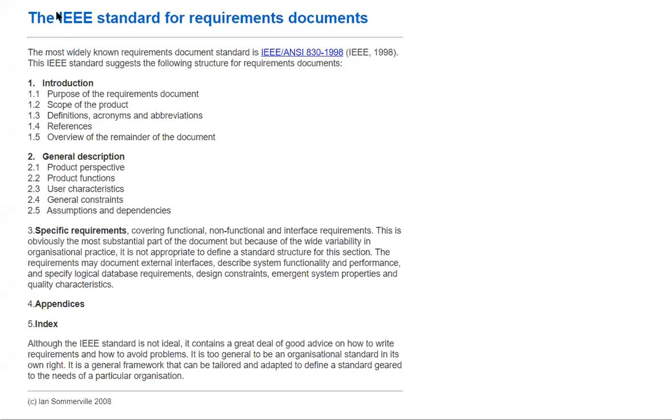So IEEE is the Institute of Electrical and Electronics Engineers, which basically defines the standards in our discipline. They have a requirements documentation structure that you can see here. It says there should be an introduction, an overview, a description of your product, functions, characteristics, constraints.